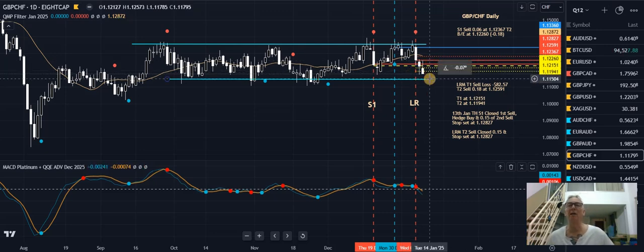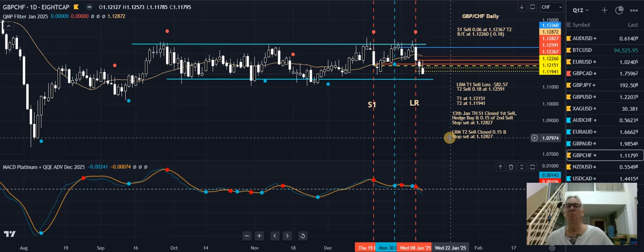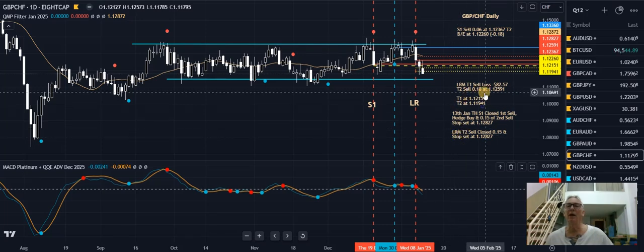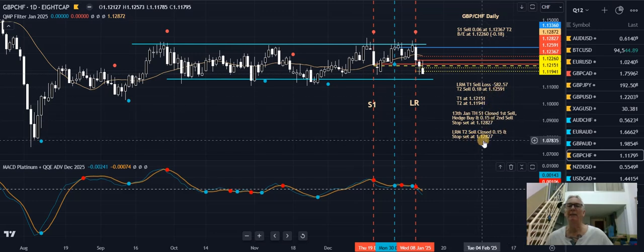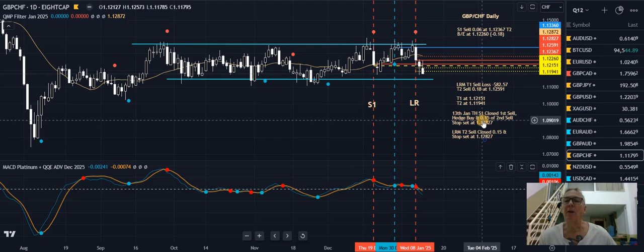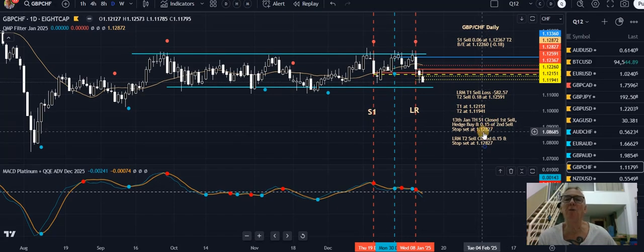As long as the market opens pretty close to that, we're good. And on the loss recovery trade 2, which is up here, sell 18, I'm going to close 0.15 and put my stop in exactly the same place. Same place for both.